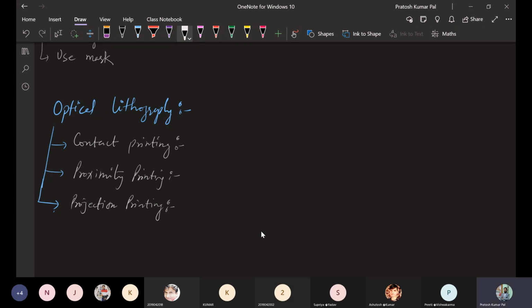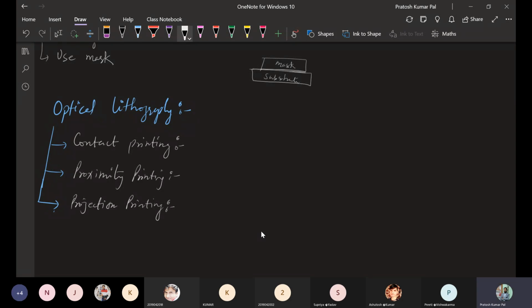As the name suggests, contact printing means a mask is there and a semiconductor surface is there, or we call it the substrate, and this is the mask. So in contact printing, the mask and substrate are in contact with each other. There will be no spacing between these two.